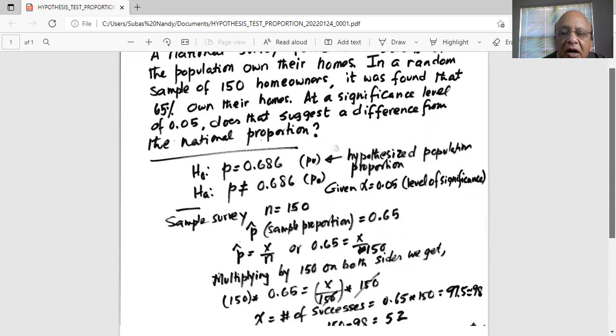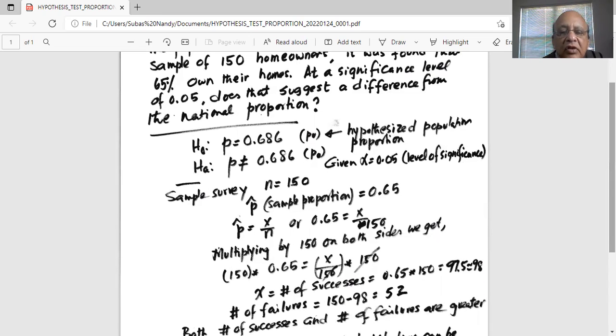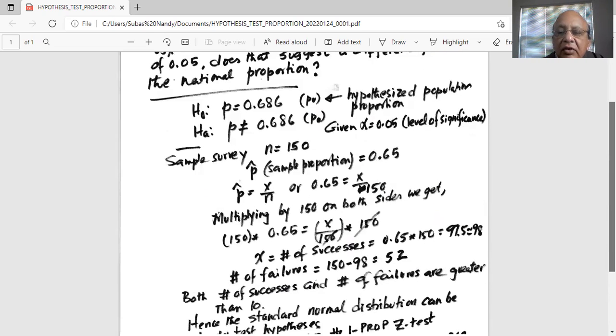If I multiply by 150 on both sides of this equation, then we get 150 times 0.65 equal to X over 150 multiplied by 150. The 150 in the numerator and the denominator on the right-hand side of the equation cancel. So I'm left with X is equal to 0.65 times 150, which works out to 97.5.